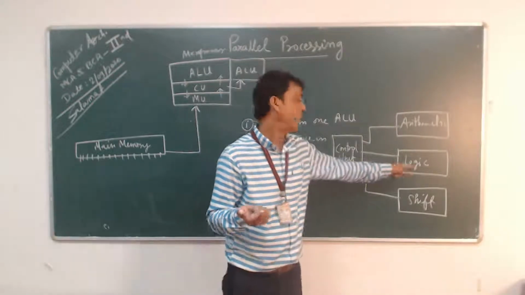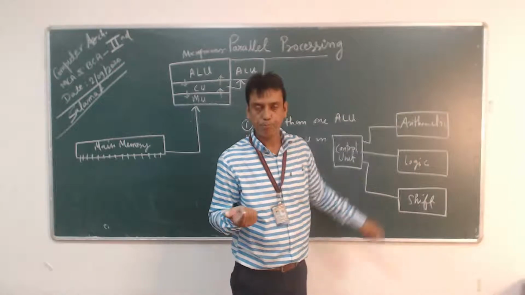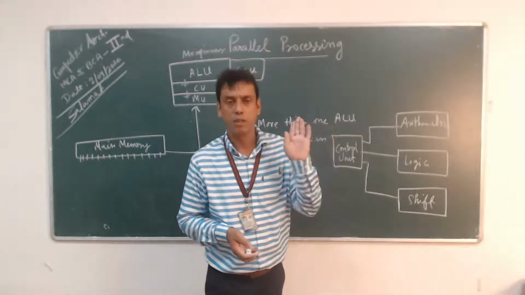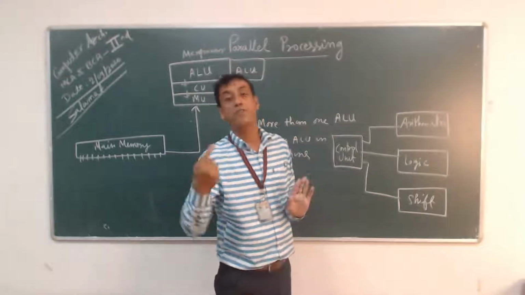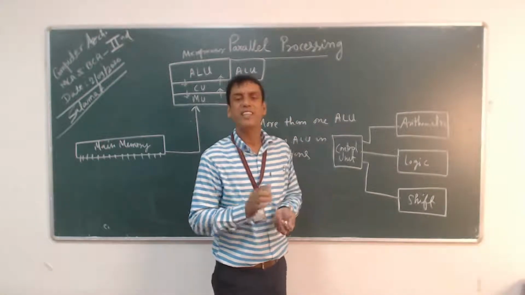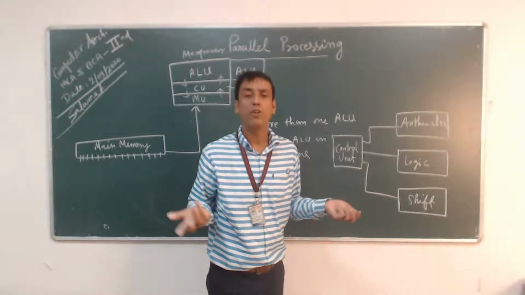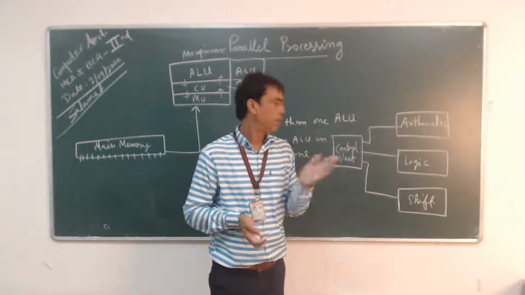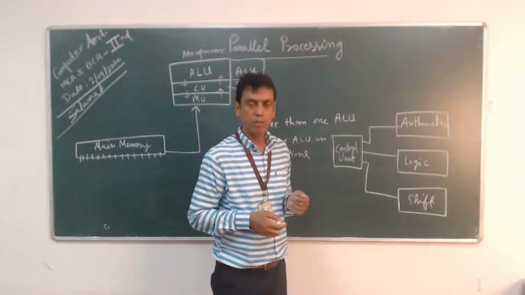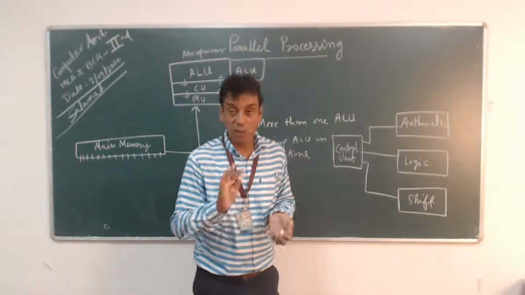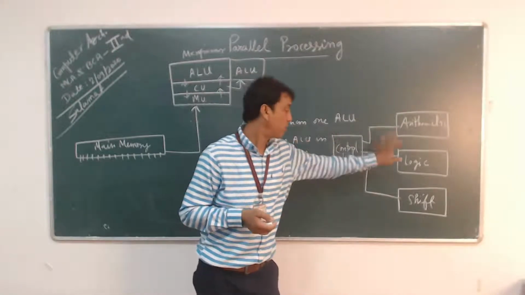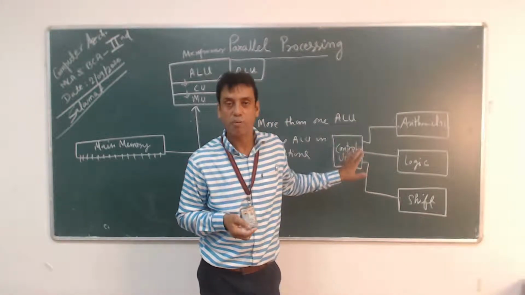Send it there to get processed. Fetch another instruction. The nature of this instruction is shift in nature. Shifting the data, like A equals B. You're shifting the data, copying the data from A to B. This is shifting in nature. So this looks like a very perfect possible design of parallel processing.